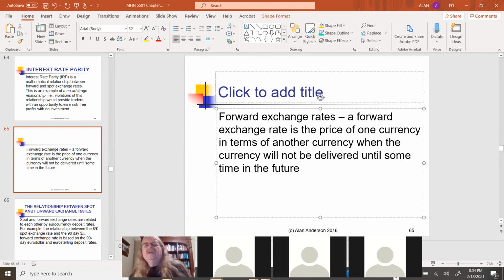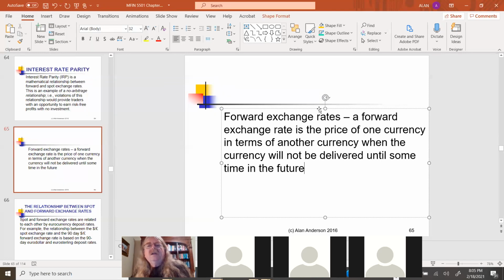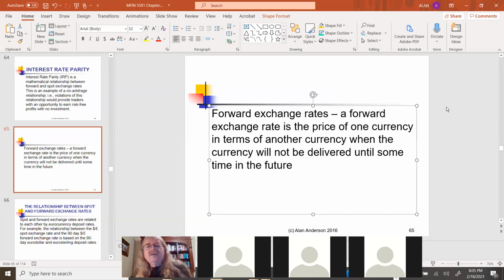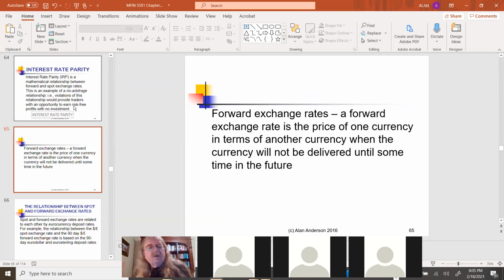Okay. So in other words, if you are going to buy a currency, but you're not planning on taking immediate delivery of the currency, the price that you'll be quoted is referred to as a forward exchange rate. You may not have ever heard this before because when we get on a plane and buy currencies for another country, we're taking it with us. We're not waiting for it to be delivered.